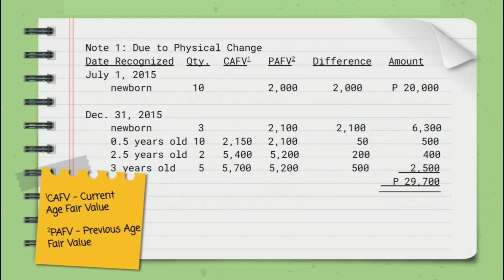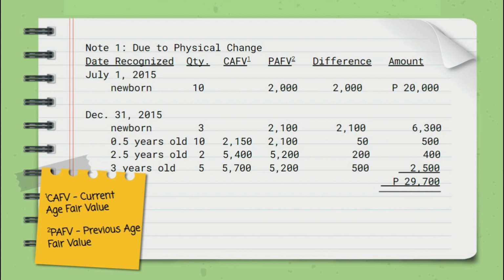First, we have to account for the recognition date, the quantity, the current age fair value, the previous age fair value, and the difference between the current age fair value and the previous age fair value of the biological assets. And to get the amount, we're going to multiply the quantity by the difference computed.